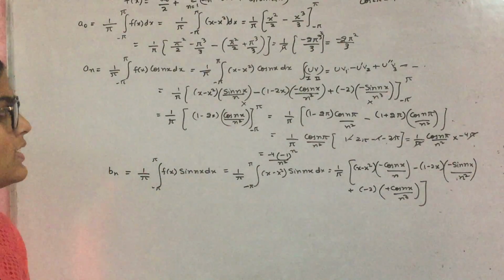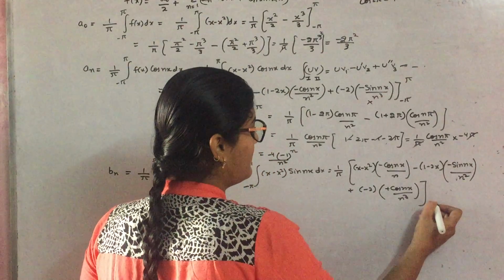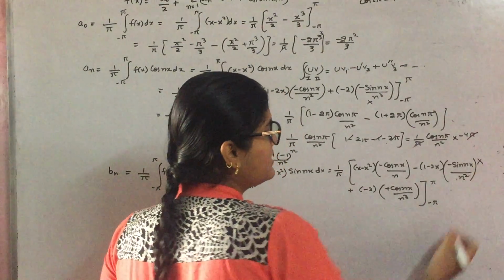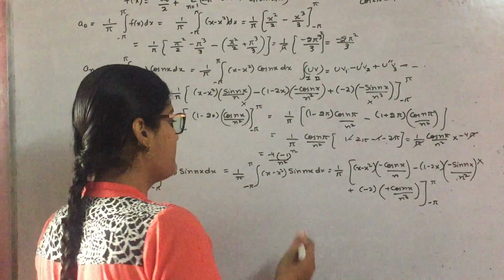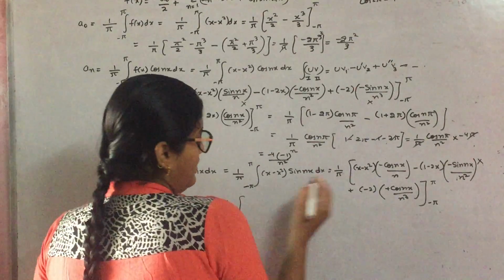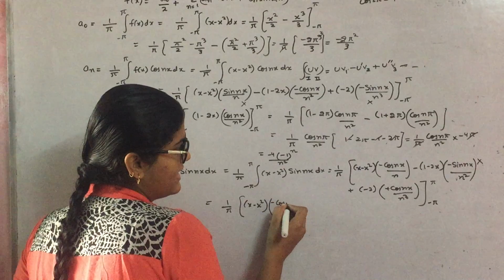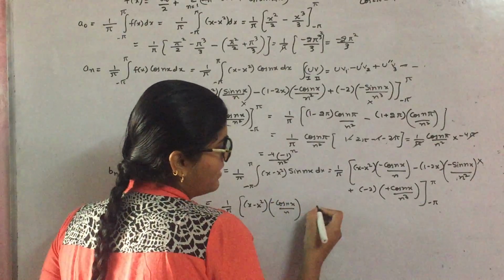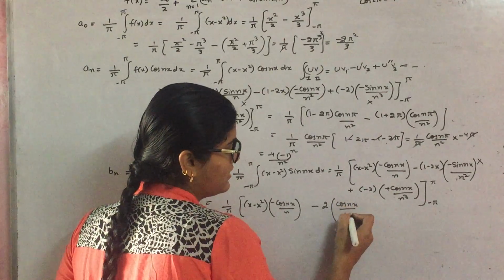Is it okay? Now, as I told you previously also, never count sine for terms of minus pi and pi. So you have left with x minus x square into minus cos nx by n, minus 2 cos nx by n cube.